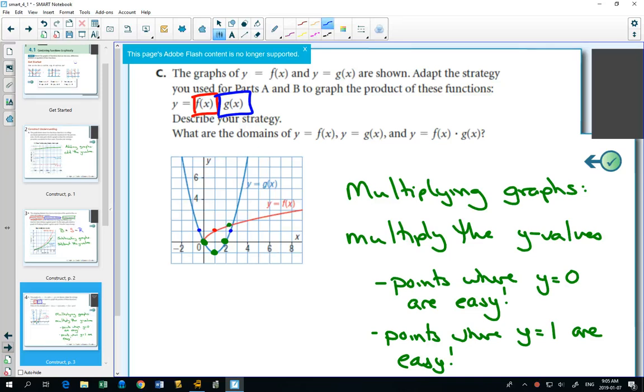What about that point? Because my blue graph is 1, and my red graph is, there is no red graph. What is 1 times does not exist? It does not exist, right? Error.